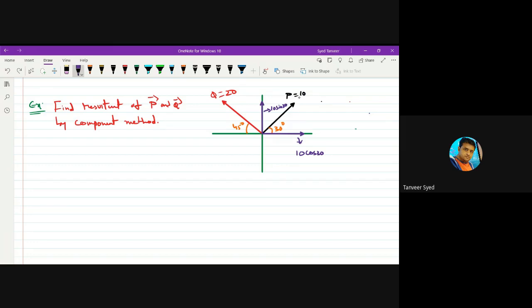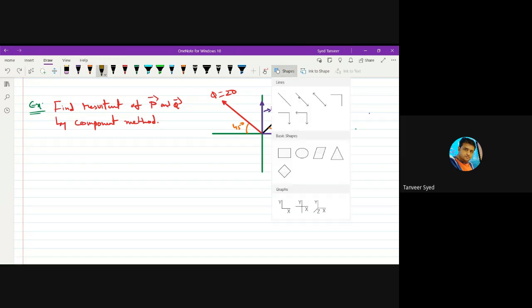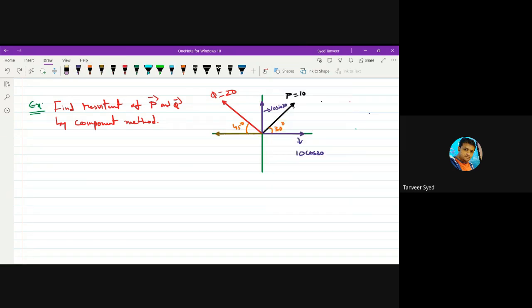Come to vector Q, 20 unit. Its component along horizontal direction is this. Component along vertical direction is this. I hope you can understand. They are overlapping. I cannot write like this because it is not vertical. They are one over the other in the same direction.